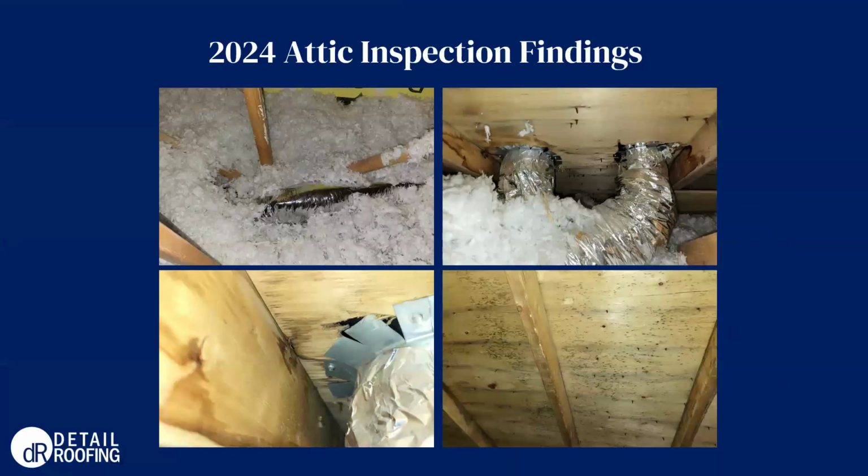So we had gone through our attic checklist, checked all the different components of the attic: the insulation, the vapor barrier, air intake, air outtake. All of these things were good. Everything seemed to be in good working condition. They even had wooden baffles installed at the soffit vents to allow that airflow channel. However, we did find that in the space they had three exhaust vents.